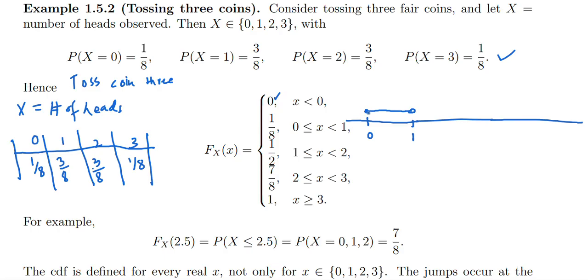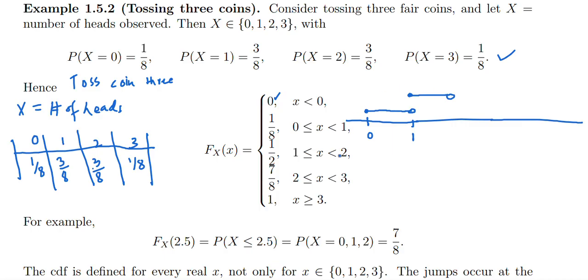Assume I don't include 0 here. Then for 0, we are accountable, so the answer would be 1 over 8. So if we include 0, then we are good. And here if we include 1, then we will have a different outcome than 1 over 8. So that's why between 0 and 1, we have only this 1 over 8. And for 1 to 2, we have 1 half.